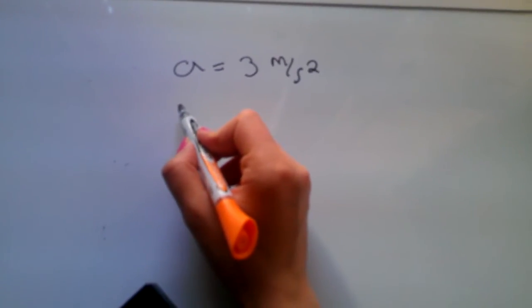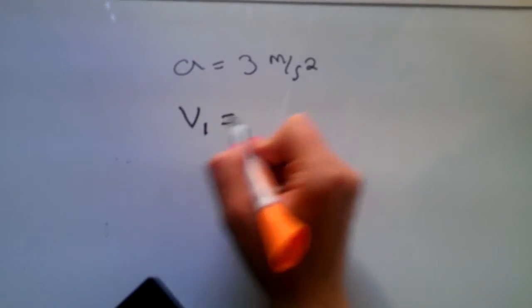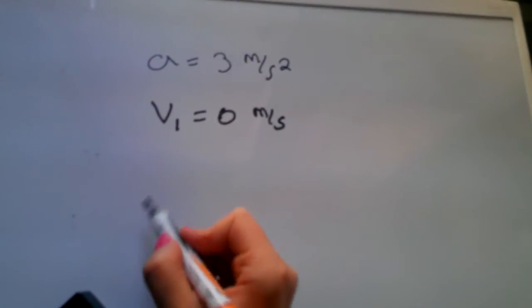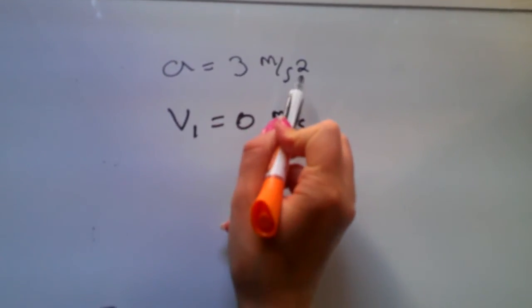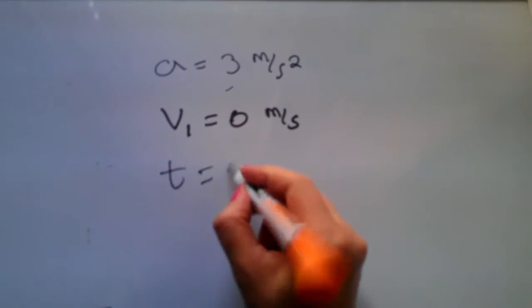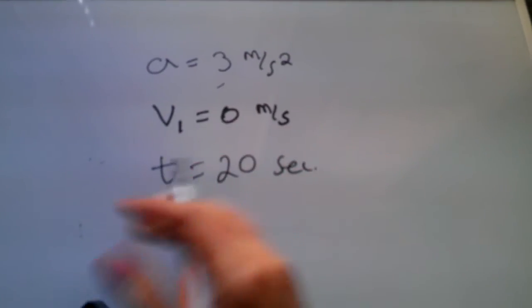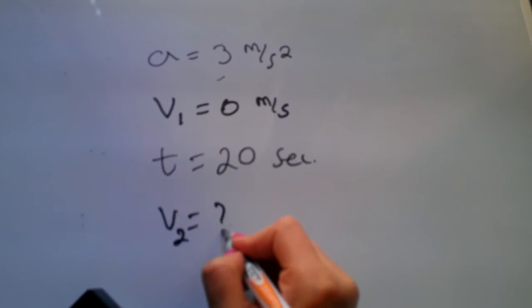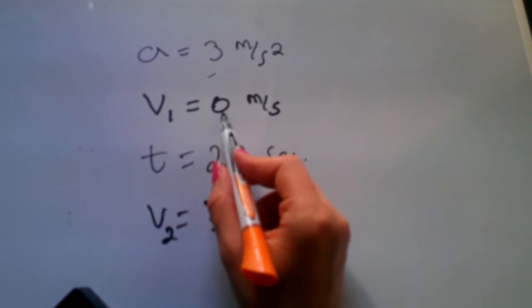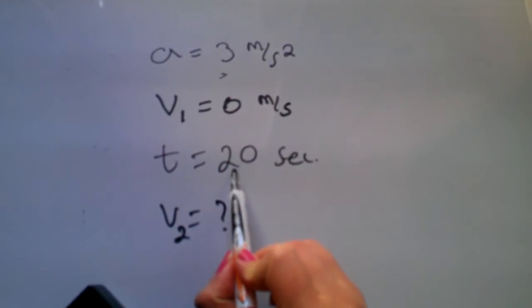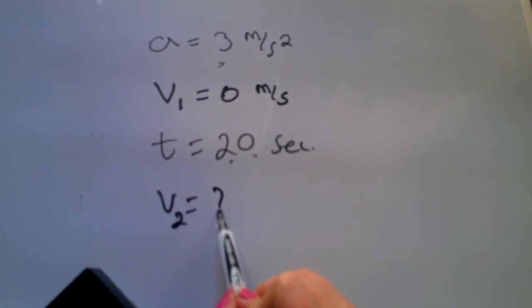Whenever I say starts from rest, it means that its v1 is 0 meters per second. So the car starts from rest. I know the acceleration is 3 meters per second squared, and this acceleration is achieved during 20 seconds of starting the car. What is going to be the final velocity after starting from rest, going with the acceleration of 3 meters per second squared, and after 20 seconds?